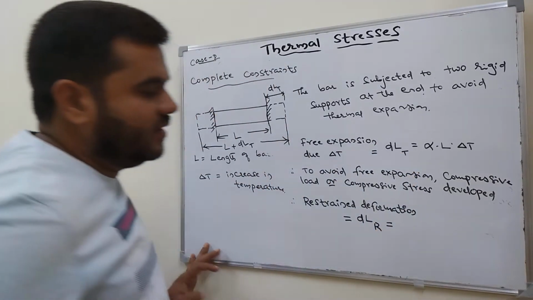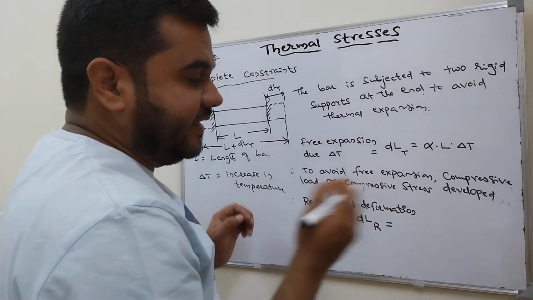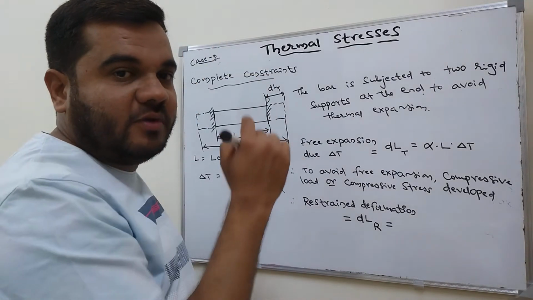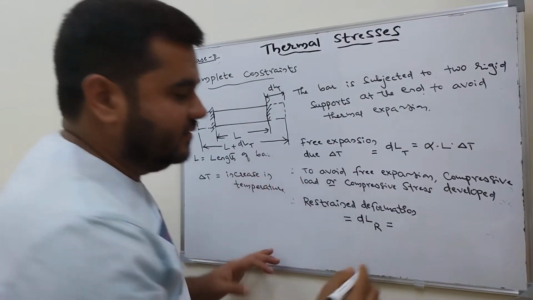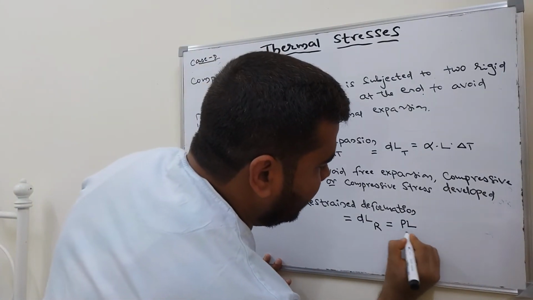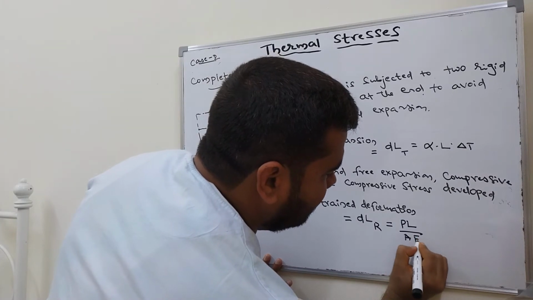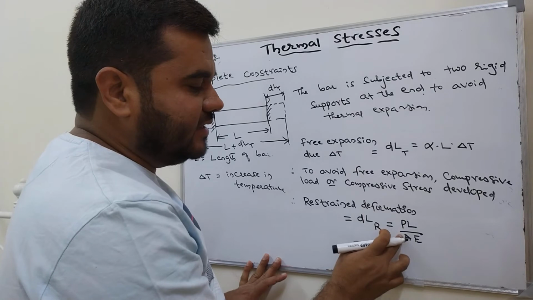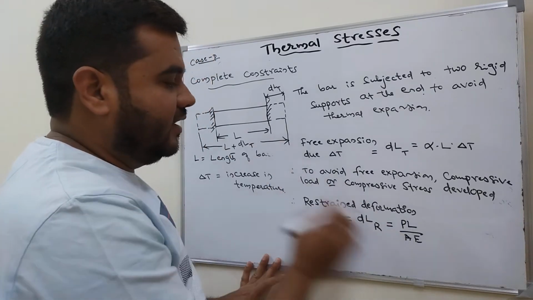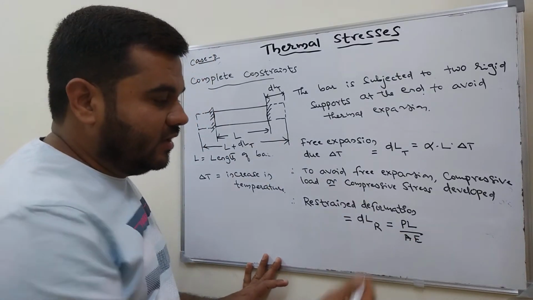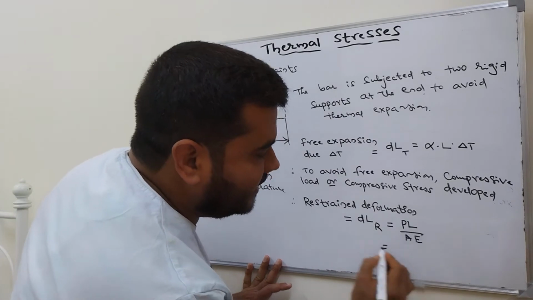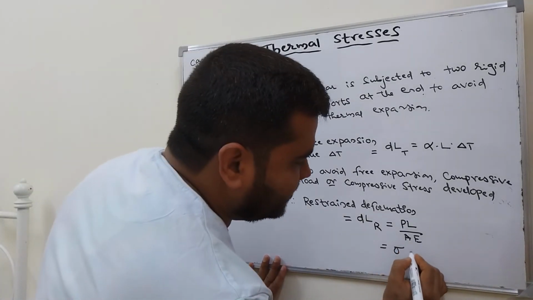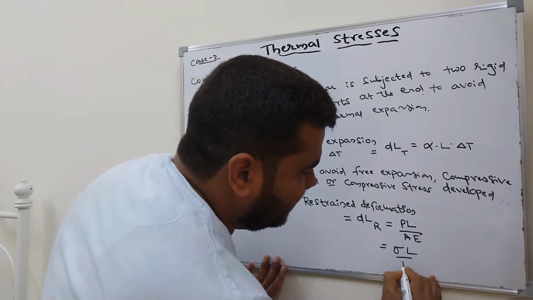How much is it in terms of stresses? We know the basic formula PL by AE, where P is the compressive load, L is the length, A is the cross-sectional area of the bar, and E is the Young's modulus. So I can write P by A as stress, that is compressive stress, into length divided by E.